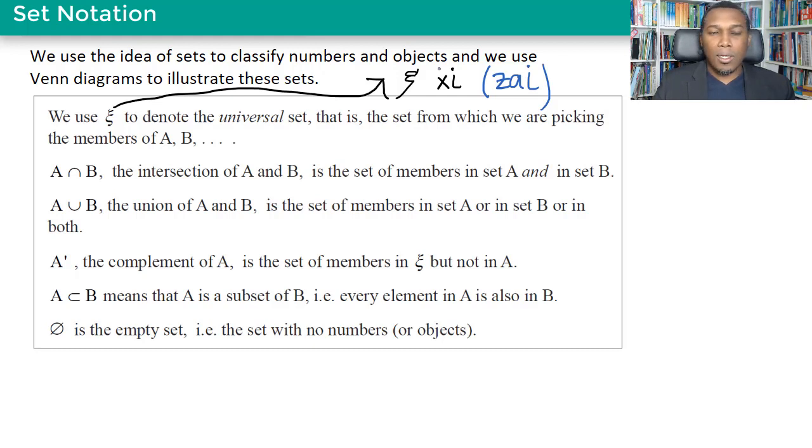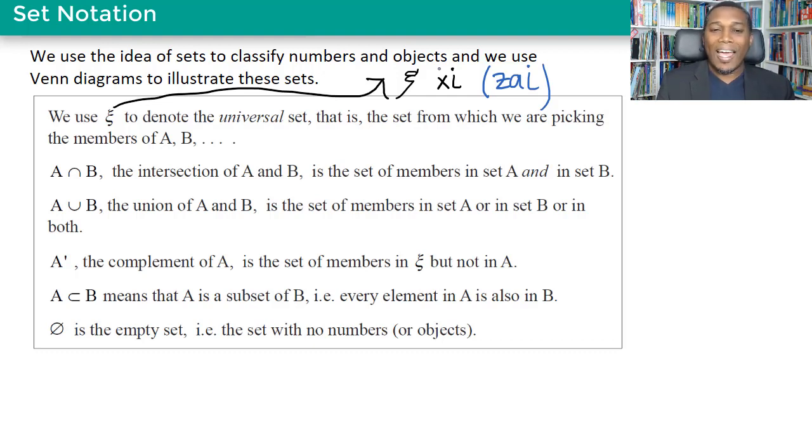When we go to the work on probability, you'll see sometimes we'll use Xi, sometimes we'll use S, and S represents the sample space. By sample space we're talking about all the different numbers or objects that we're considering to work out our probability. So there is an overlap there, but you'll understand the difference when we focus specifically on probability, why the language sample space is used.